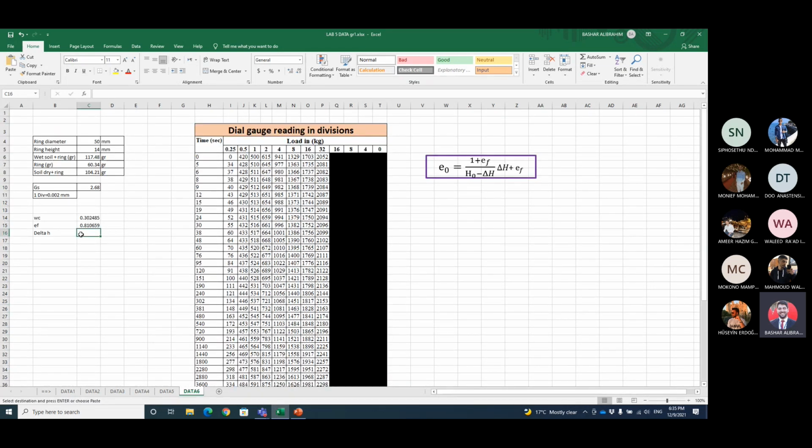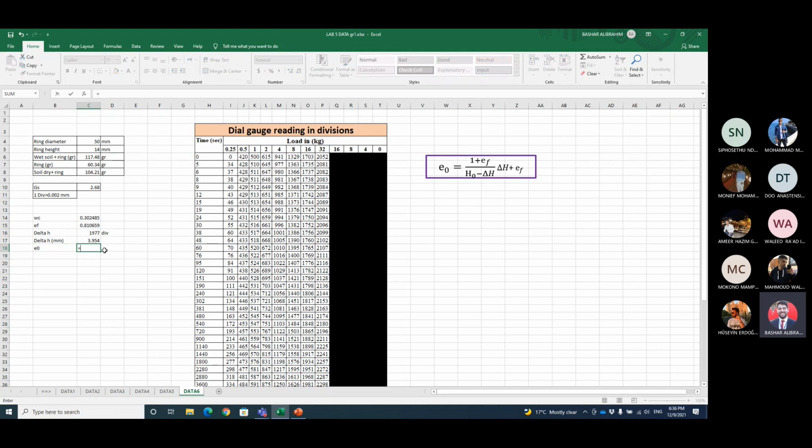Okay, so this is in division. So let us find delta H in millimeter. Delta H in millimeter is equal to the division times the conversion factor. You see here the conversion factor 0.002.